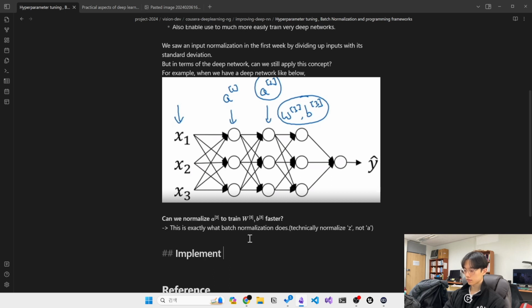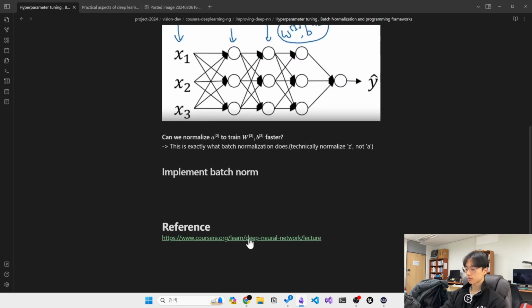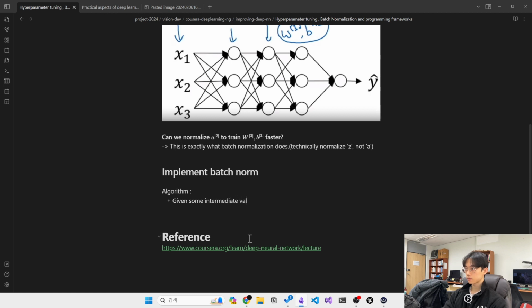Given some intermediate values in your neural net, let's say that you have some hidden unit values z1 up to zm, and this is really from some hidden layer, so it'd be more accurate to write this as z for some hidden layer l for i equals 1 through m, but to reduce writing, I'm going to omit this square bracket l just to simplify the notation on this slide.